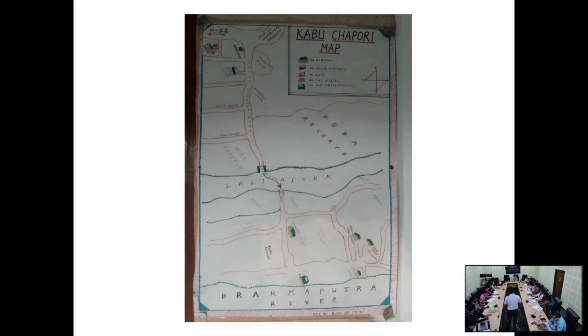Next is very much important, that is the Survey of India topo sheet. For northeast, topo sheets are restricted in some of the areas, mainly the international areas, border areas.